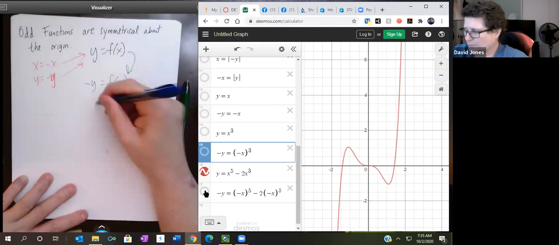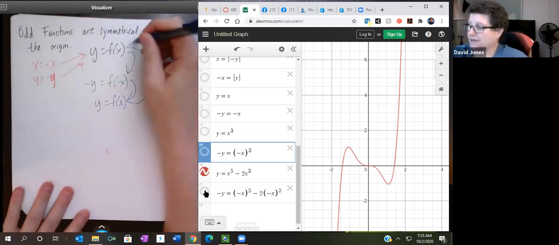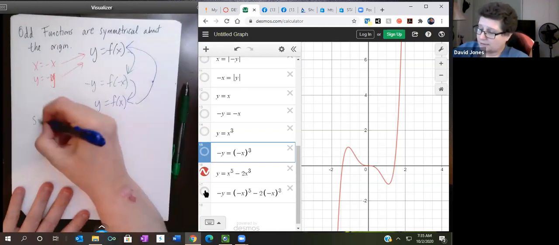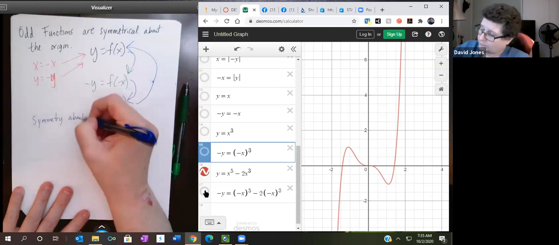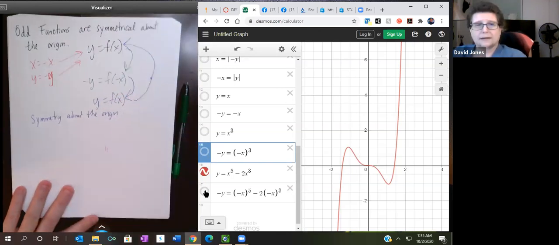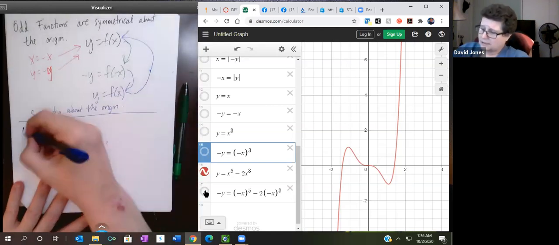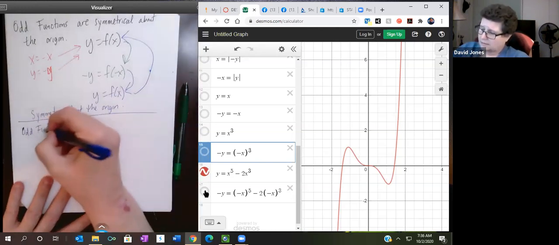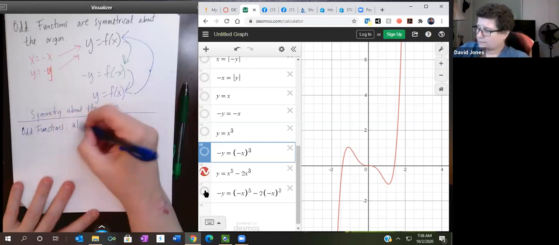If that gets us back to y equals f of x, we have symmetry about the origin. So odd functions, all the exponents are odd.